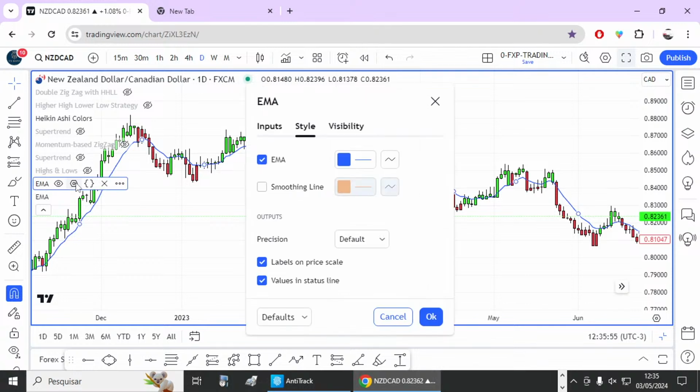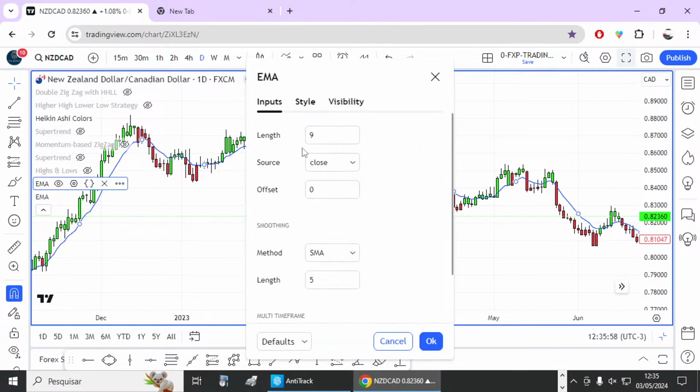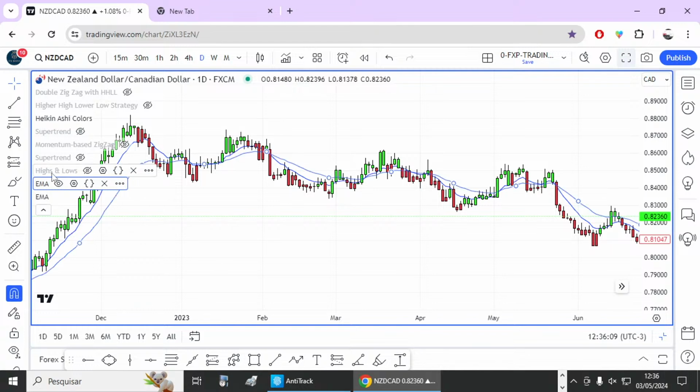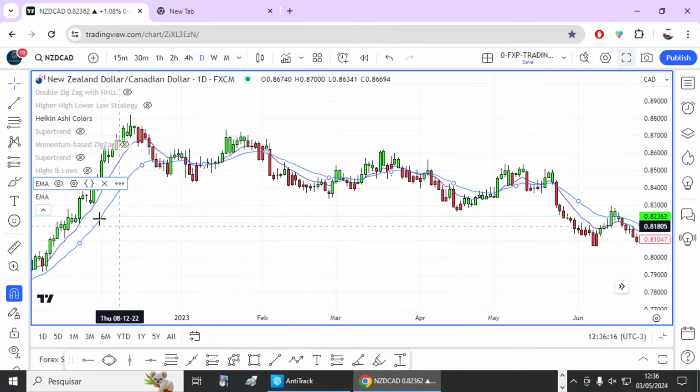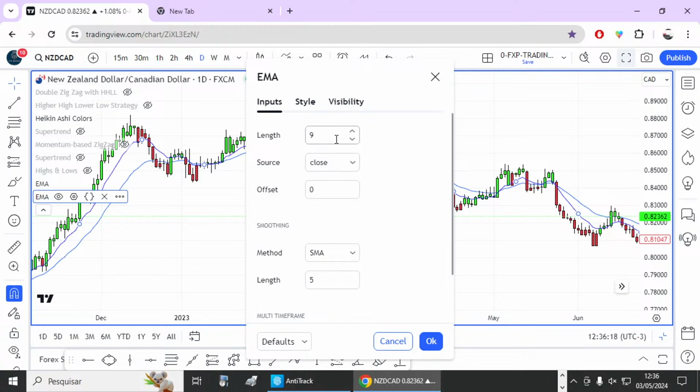So one is going to be exponential, one is going to be 21. Let's see if this works. So it's not this number, it's 21. All right, and the next one is going to be 8.